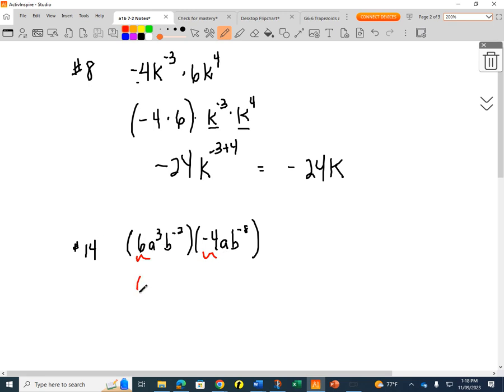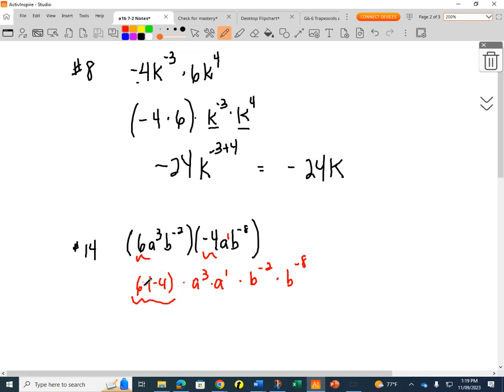So 6 times negative 4 times a cubed times a. Remember, if you don't see that, that's a 1. Times b to the negative second times b to the negative 8th. These just get multiplied like normal.